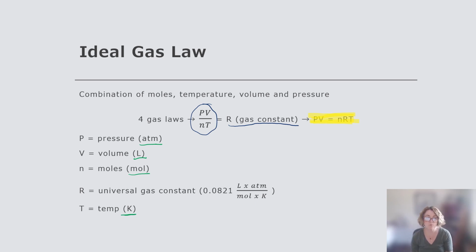The reason for this is your gas constant is 0.0821, and note your units here: liters, atmospheres, per mole, Kelvin. Before you put any numbers into your equation, make sure that all of your units line up and that you have them set up correctly.